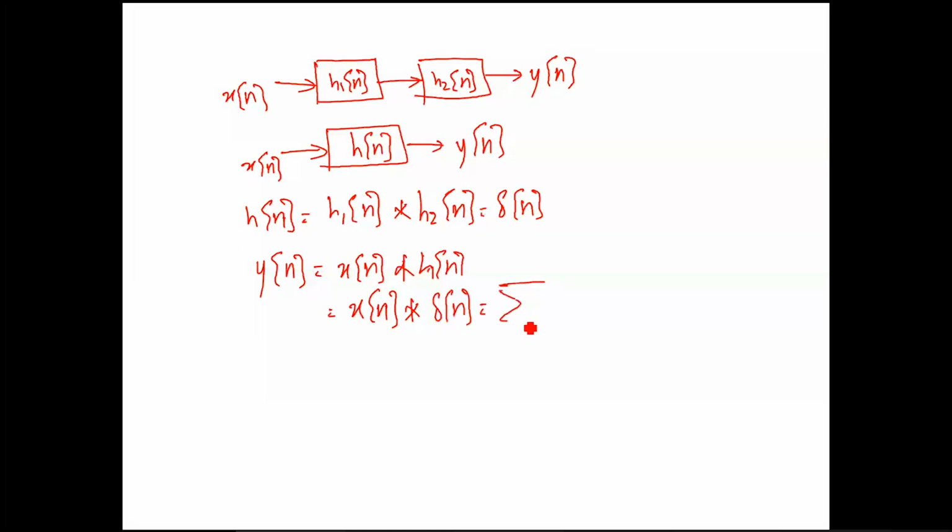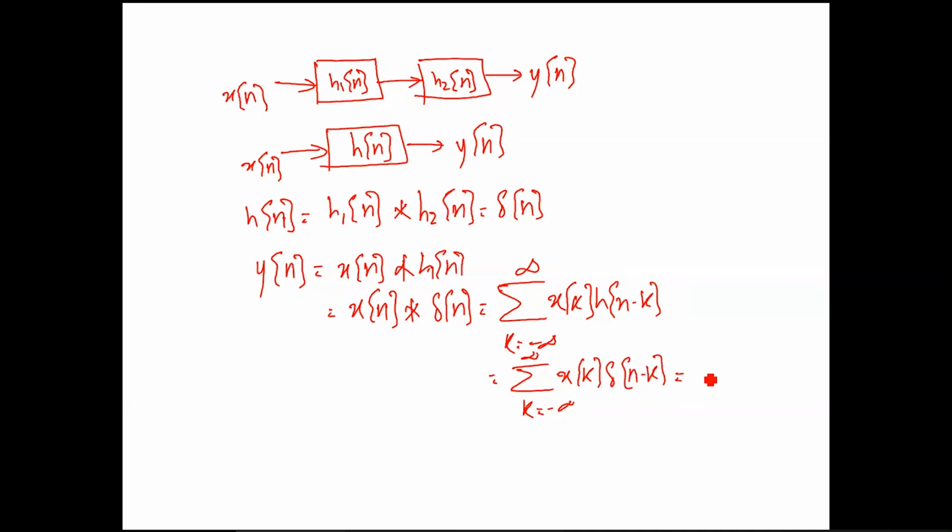The sum over k equal to minus infinity to infinity of x(k) h(n minus k). So if we just plug in the values, x(n) is the same x(k), and the second one is basically delta(n minus k), and this will be the same as x(n).